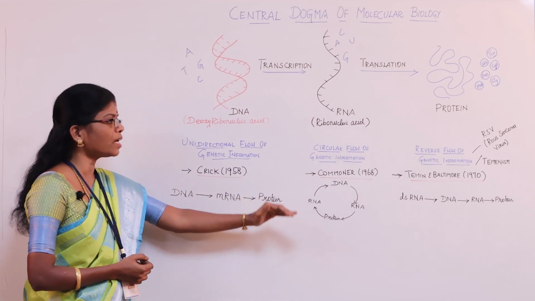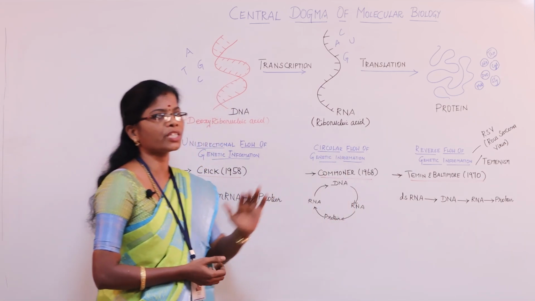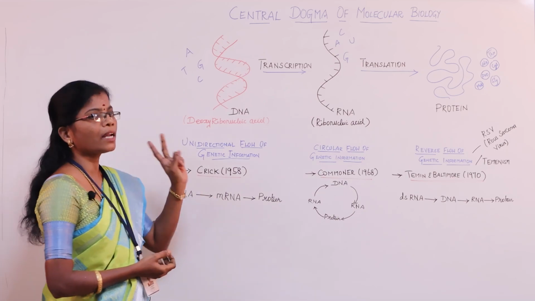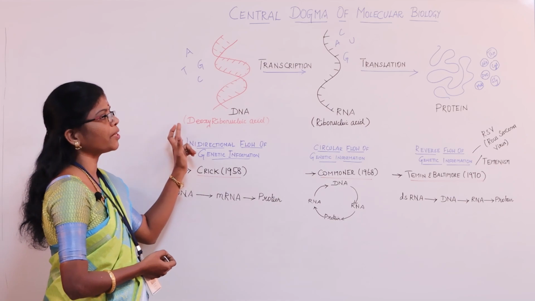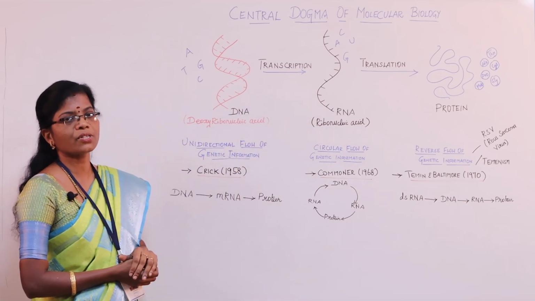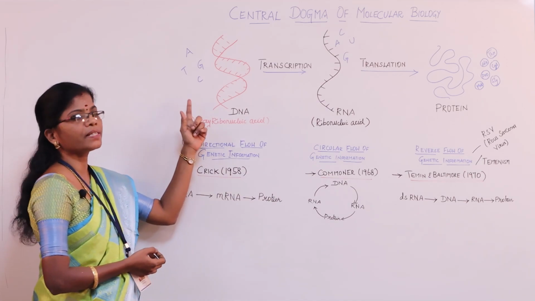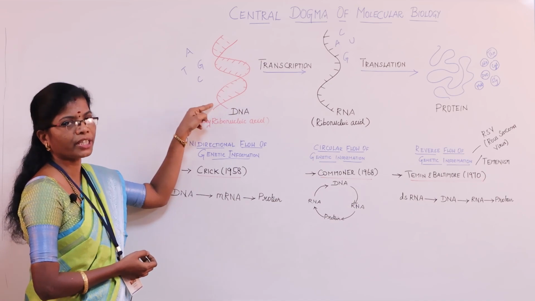Coming to the difference between the unidirectional circular flow and reverse flow of genetic information, I said there are three steps involved: the first one is replication, the second one is transcription, and the third one is translation. Replication is nothing but copying of the parental DNA to form an identical daughter DNA.